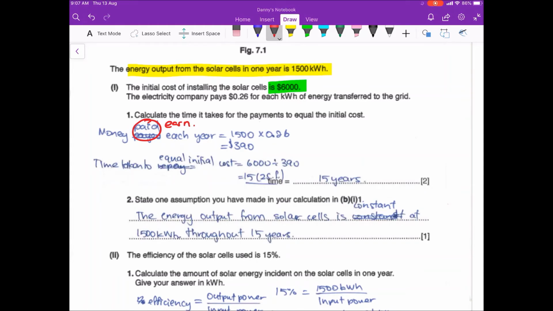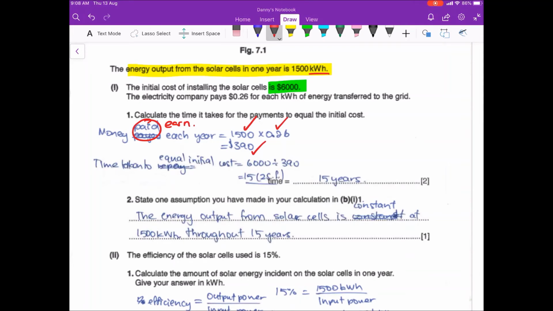As you can see, this student is really not very careful with the choice of words. But anyway, money earned each year, 1,005 already in kWh, so you can use the value given. That will translate to a dollar value of $0.26. So every year, your solar panel is generating energy worth $390.